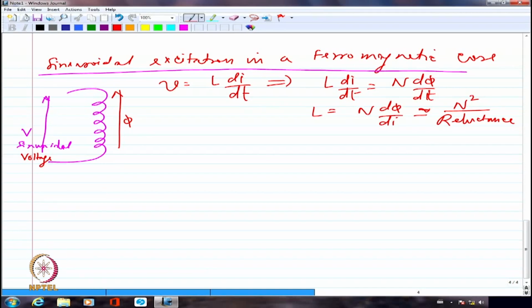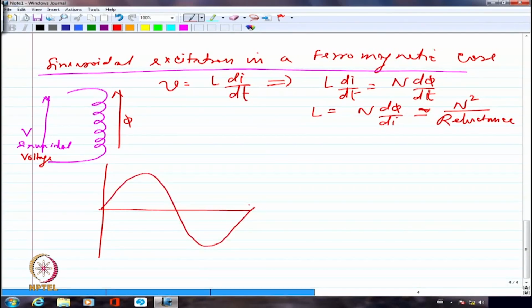So I can say that the voltage applied will be balanced by whatever is the induced EMF in the coil inductance, L di by dt. So if I say that I am having my voltage somewhat like this, because this voltage is equal to L di by dt or N d phi by dt, I should be having the flux corresponding to 90-degree lagging, clearly, because current will be 90-degree lagging in the case of an inductance.